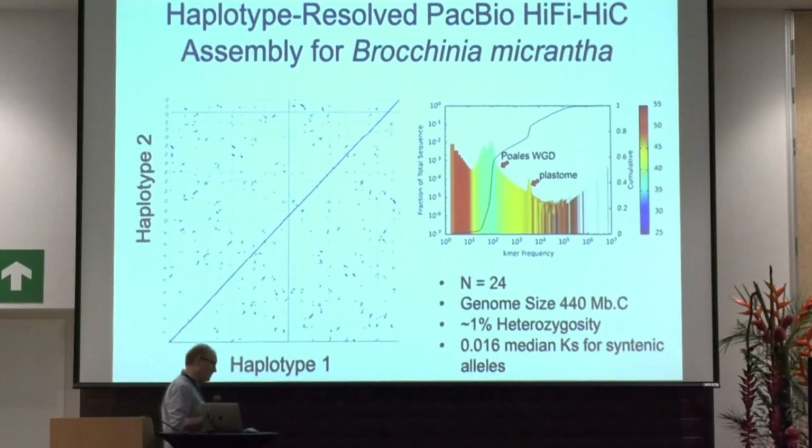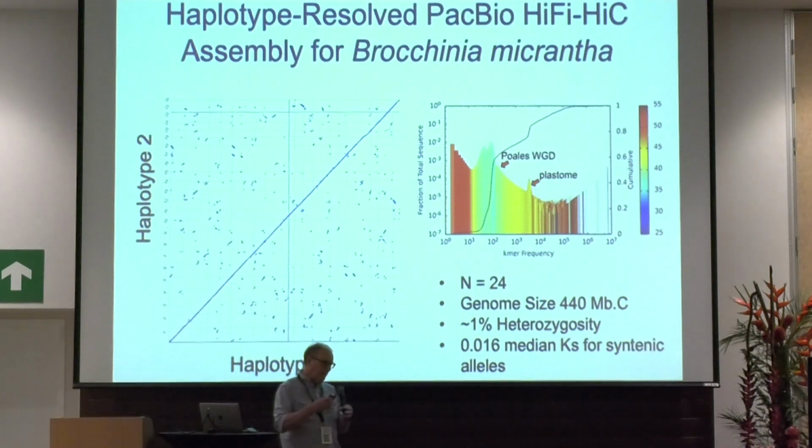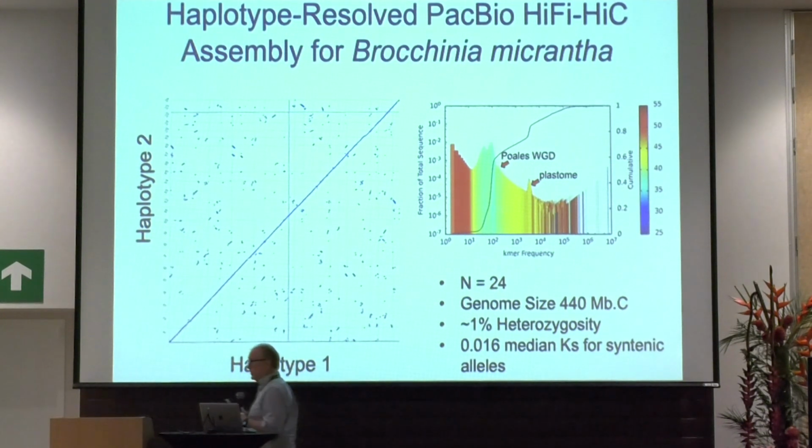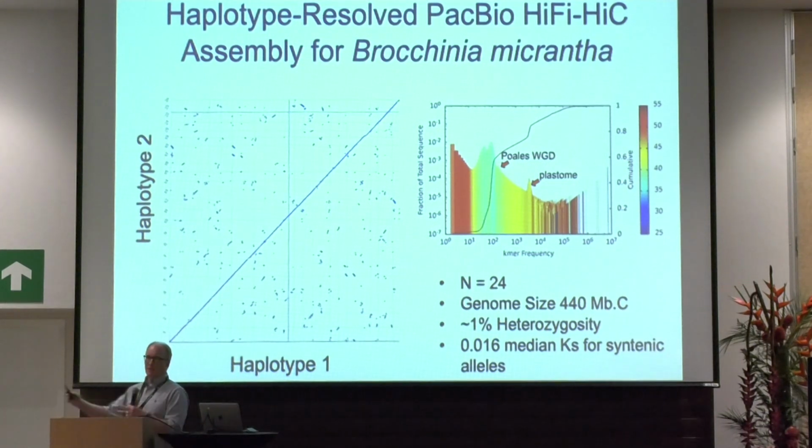For the genomes we've been generating recently, we've been able to generate both haplotypes, in other words the chromosomes coming from mom and the chromosomes coming from dad, by combining PacBio HiFi data and Hi-C data. Here this dot plot lines up haplotype 1 and haplotype 2.